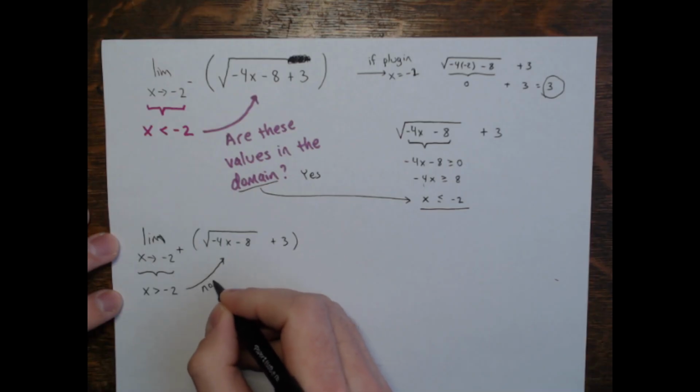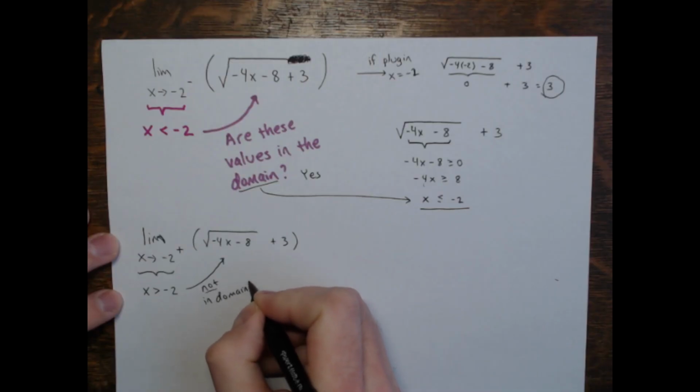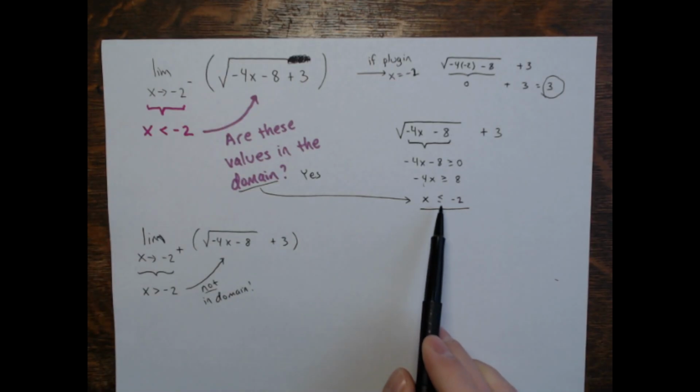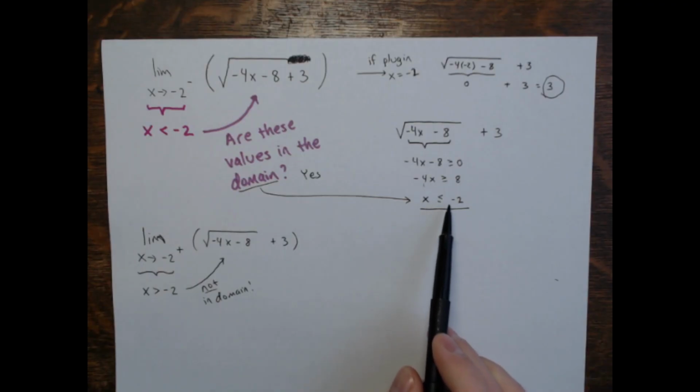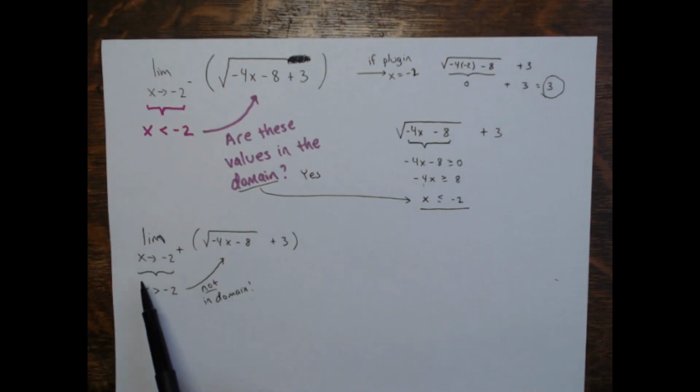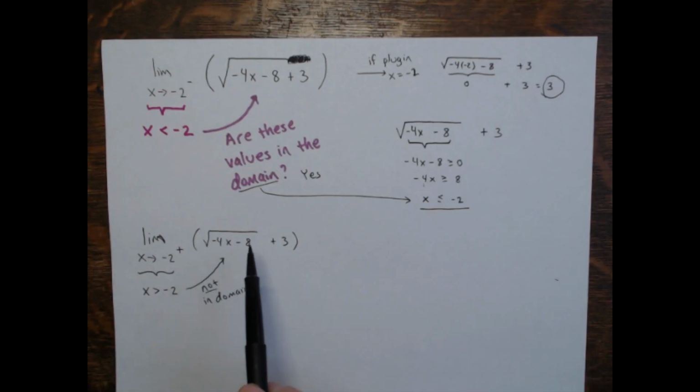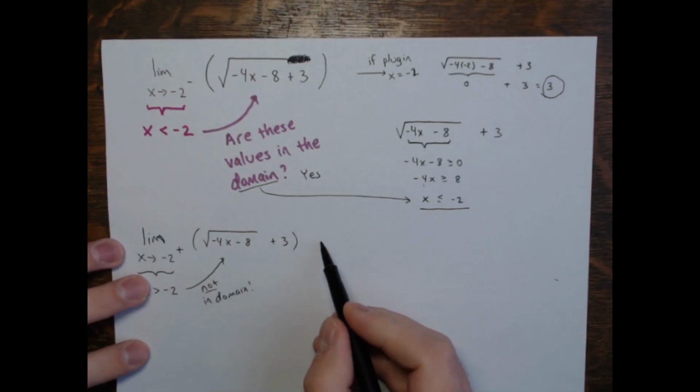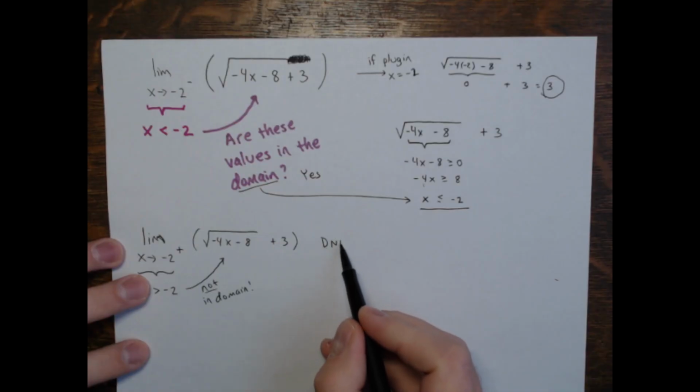These are not in the domain of this expression. The only values I'm allowed to plug into this expression are values less than or equal to negative 2. Values being discussed here with this notation are greater than negative 2. So this limit simply does not exist.